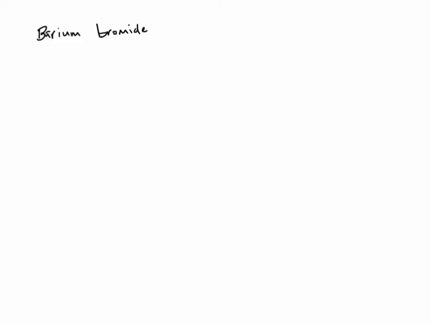So all I would do is write barium with its charge from the periodic table. In this case, barium 2+, because it's an alkaline earth metal. Bromide is a halogen, Br-1. So therefore I put them together as Br2. Why the 2? Because I have to balance the charges. I have a +2 here.